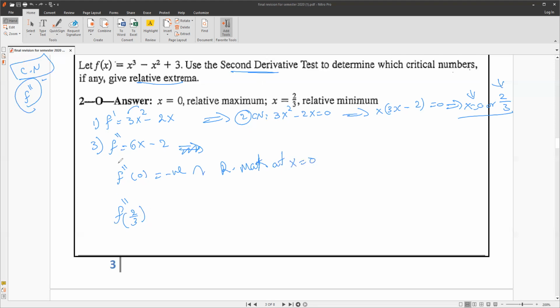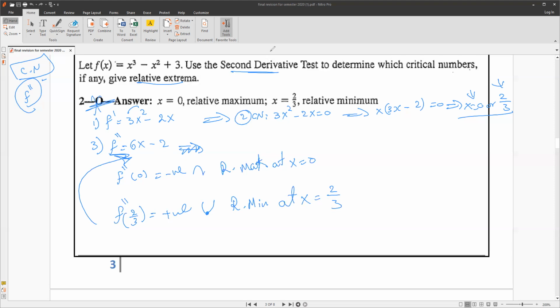At x equals 2 over 3, it will be 4 minus 2, it will be 2, positive. I care about the sign, I don't care about the values. Positive means the curve is concave upward, so we have a relative minimum at x equals 2 over 3. That is why the answer: at x equals 0 relative maximum, at x equals 2/3 relative minimum.